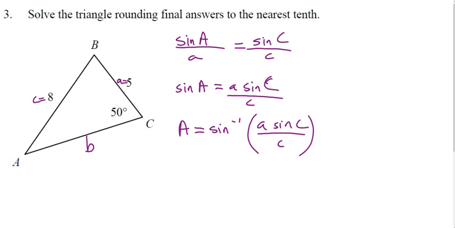So we can go directly to angle A by doing the inverse sine of and then substituting in the numbers. So we know little a, little c, and sine C, right? Okay, so angle A is equal to the inverse sine of little a, 5, times the sine of 50 degrees over 8.